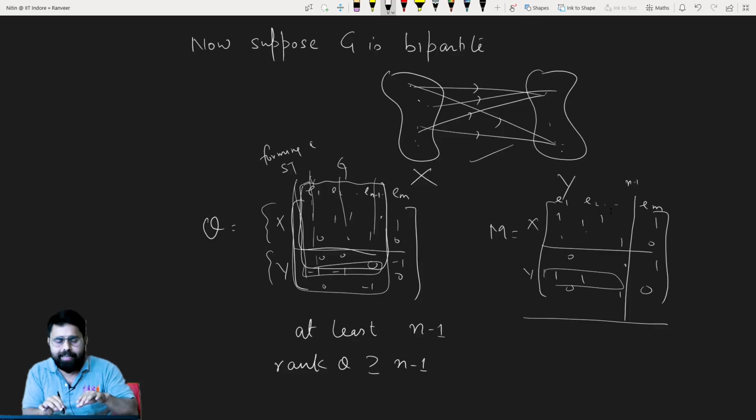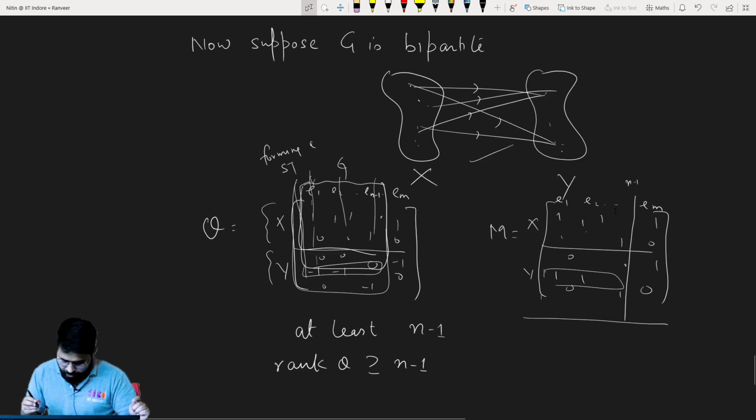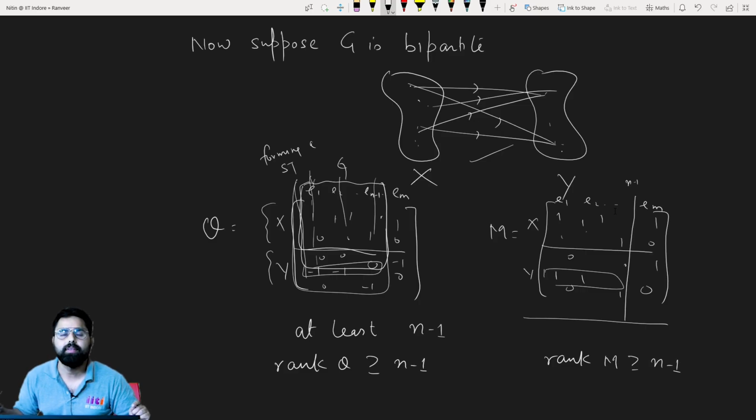Whatever linear independence follows there, the same thing happens here. So the maximum number of linearly independent rows is the same, and the rank of this matrix and this matrix must be the same. Basically the rank of M is also greater than or equal to n-1.